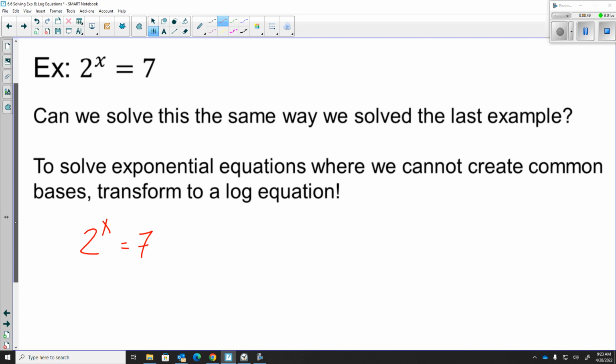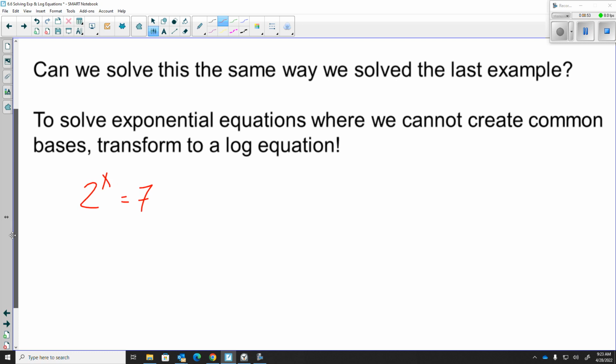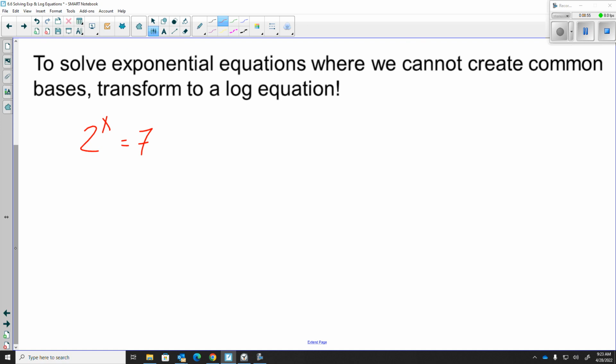Here's what I mean. I can't solve this thing, so I'm going to transform it into a log. How do I transform this into a log? Yeah, you're bringing the base over. Remember, guys, hopefully we know how to transform from log to exponential.